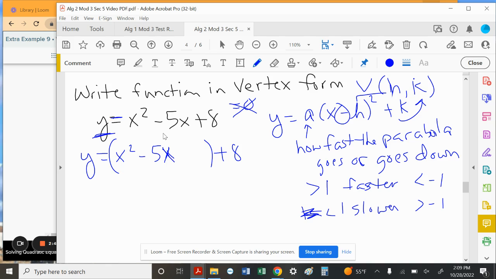Again, we go through all our steps. We do 5 divided by 2. Since that doesn't divide evenly, I'm going to square it. If I square it, that is 25 over 4. That means I'm going to add 25 over 4 inside the parentheses, and outside the parentheses, I'm going to subtract 25 over 4.